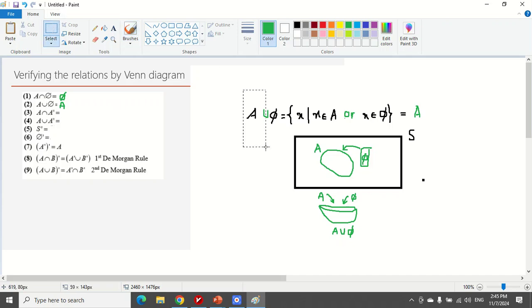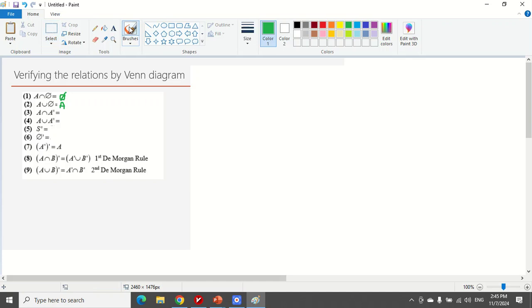Another part of that question is calculating A intersected by A prime. Again, I use that notation to show what it means. If I want to calculate the intersection of A and A prime, the complement, I'm looking for all x's such that x belongs to A and, in the same time, I should write and because it's an intersection, x belongs to A prime.